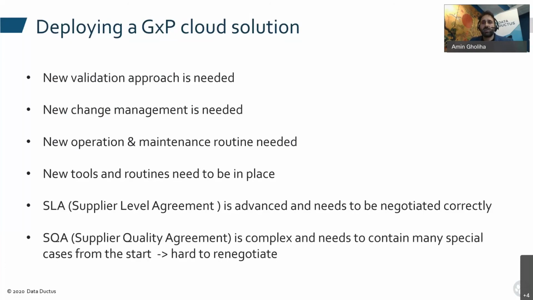You have a lot of special cases from the start, and it's hard to negotiate this once it is in place. In practice, Data Ductus has done a lot of cloud operations for many years, so we have quite a few knowledgeable people within our company that know about this stuff.